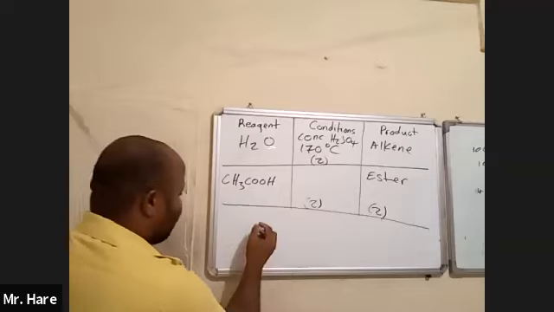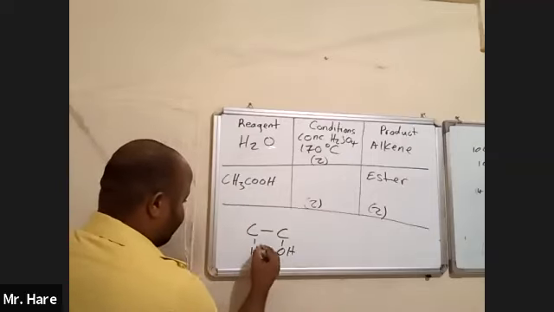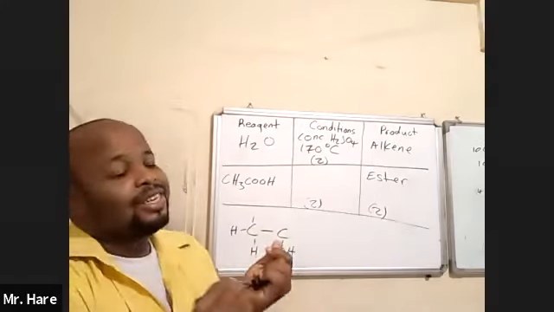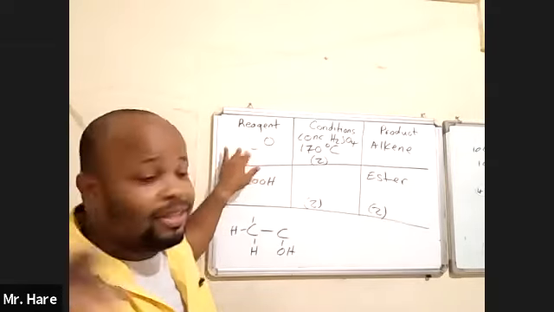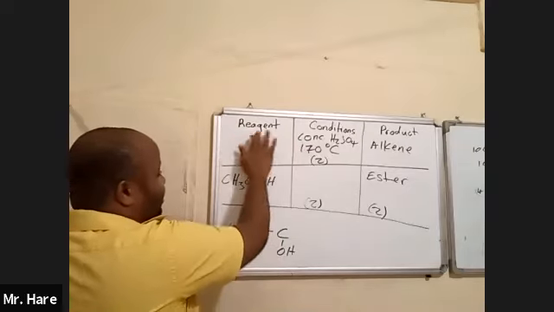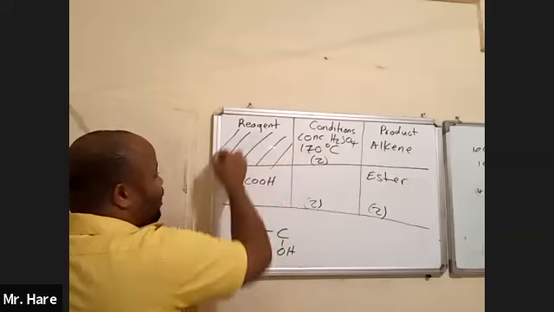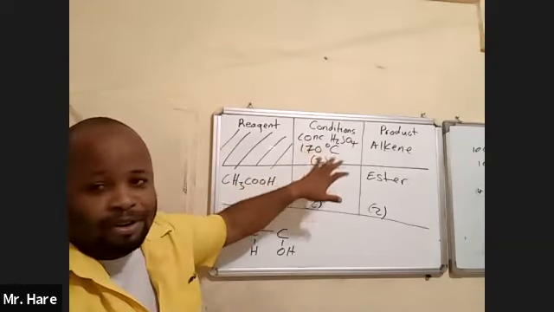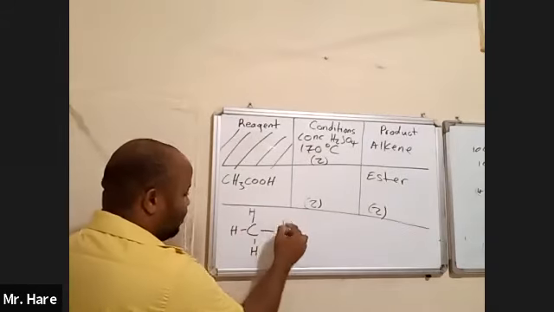All right, so if you have ethanol. Sorry, no, there's no water. I'm thinking about hydration. It's dehydration. That is why they blocked out the reagent part, because this reaction is the dehydration of the alcohol.